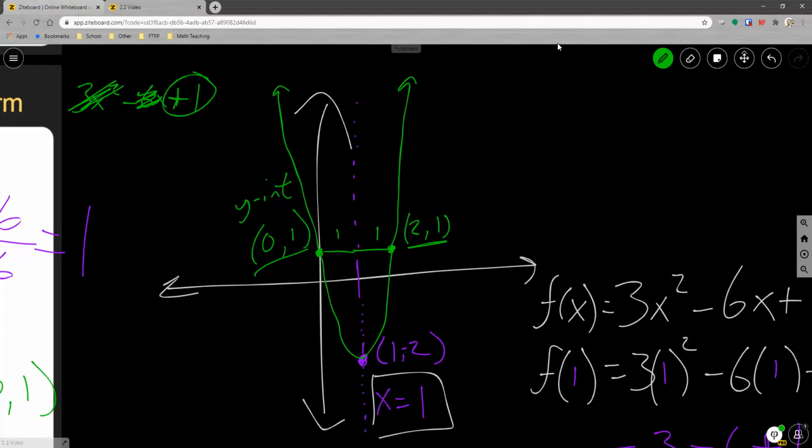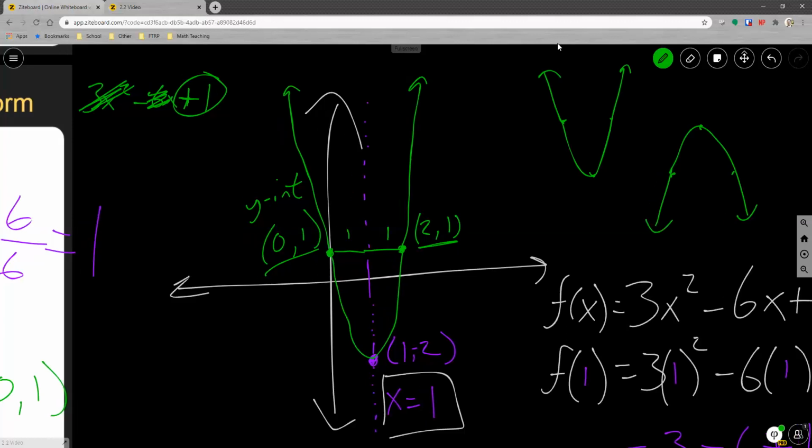And with those 3 points, I can do a rough sketch of my parabola. Because with any 3 points, you've got the vertex, a point, and then a mirrored image of the second point, I can create that U-shaped graph. Vertex, some random point, mirror image, sketch of the graph.